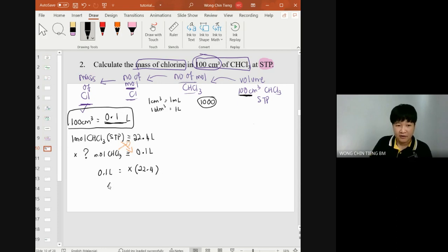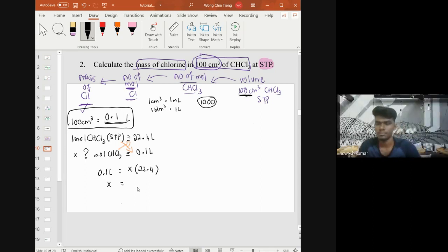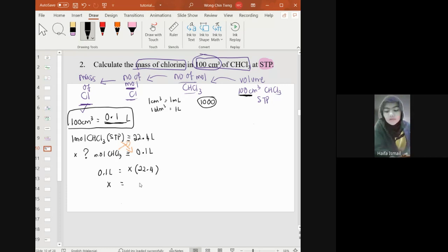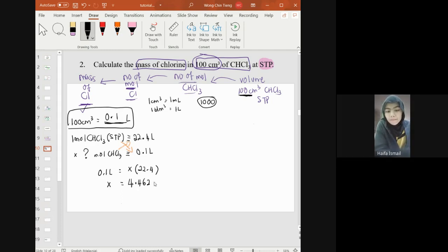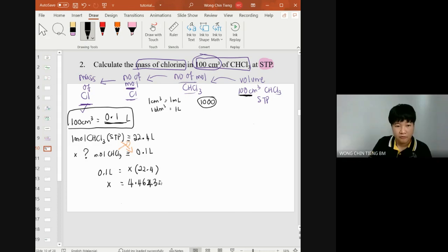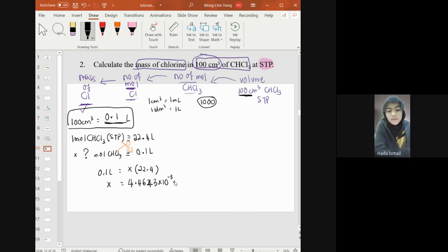So your X, okay, will equals to, Haifa? 4.4643 times 10 to the power of -3 mole.